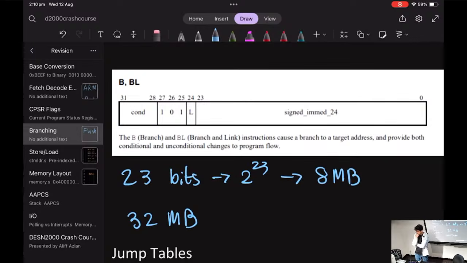Why do you think the data sheet says we have 32 megabytes, but when we do the math, we have 23 bits? It's only giving us 8. Anyone want to take a guess as to why? Sorry? The memory does start at 0x4, you're correct.